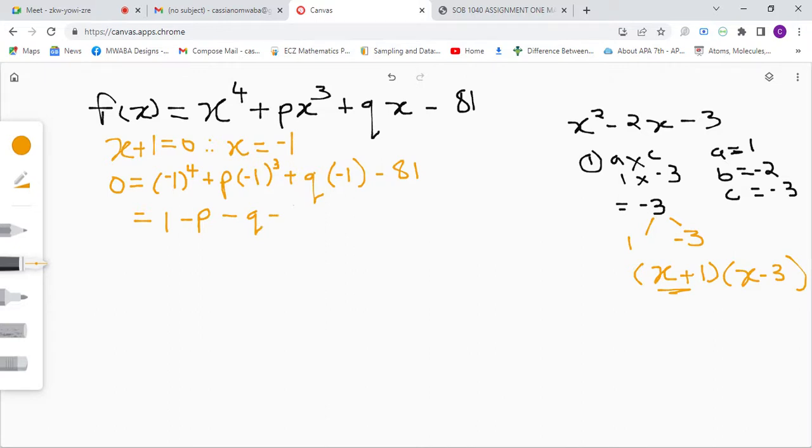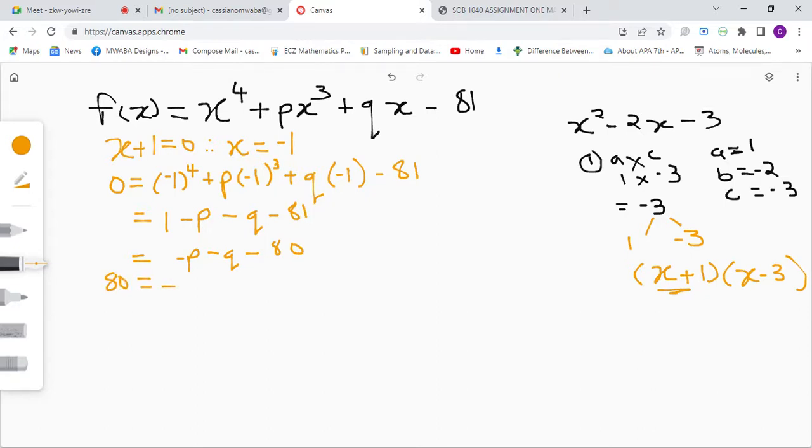Q times negative 1, we get negative q, minus 81. Then 1 minus 81, we get negative 80. So we'll say negative p minus q minus 80.